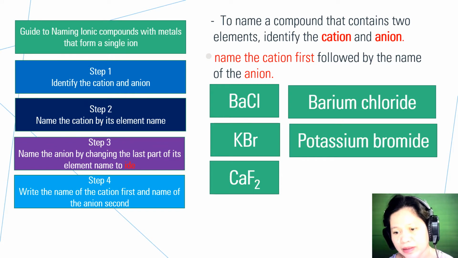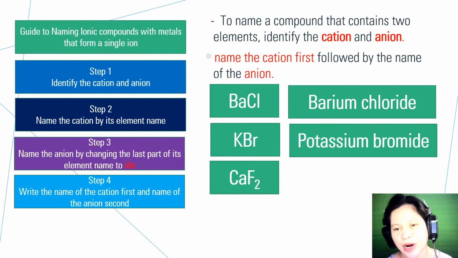That would indicate that there is 1 molecule. So, what about 2? Where can we find 2? So, 2 will be placed as subscript of fluorine. Okay, that's why in your chemical formula you have calcium and fluorine 2.